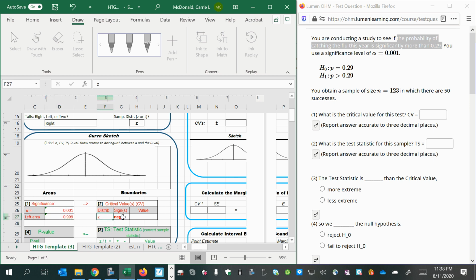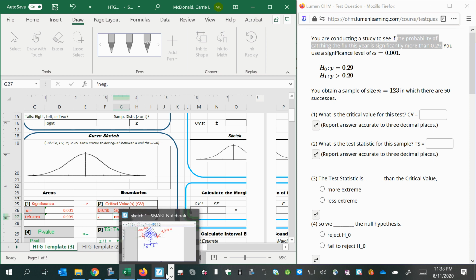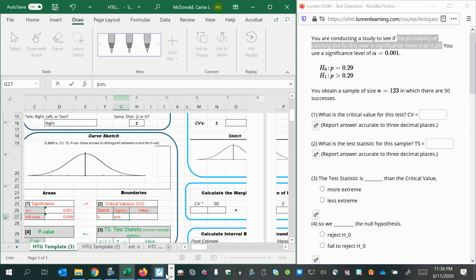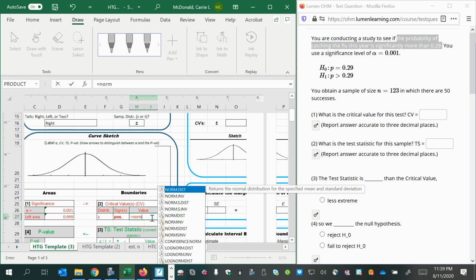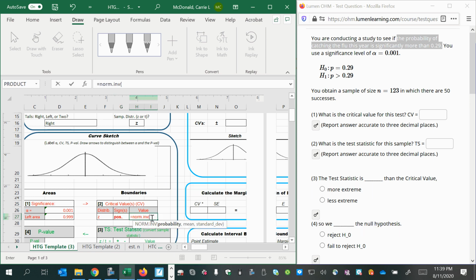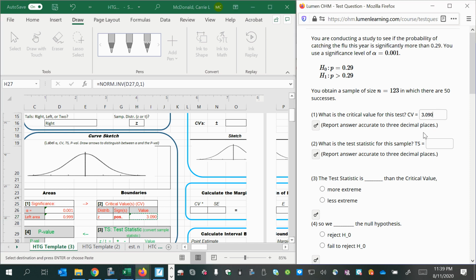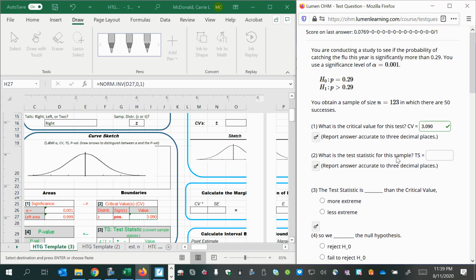And now my z-score for the critical value, for the critical region, since it's on the right, will be positive. And that means that I can use norm dot inverse for z-score with the left area and the mean of 0 and the standard deviation of 1. And so now I have my first answer to fill in this box here, my critical value.